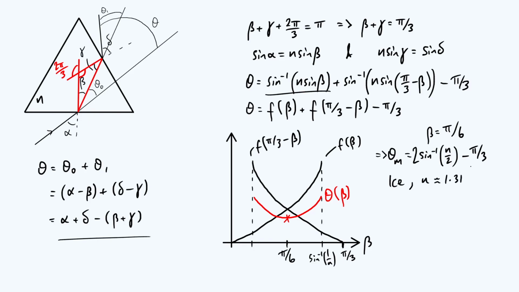So that's for something like green light in the middle of the spectrum. If you plug in 1.31 as a refractive index into this expression for theta minimum, you actually get theta minimum is roughly equal to 21.8 degrees, which is, of course, 22 degrees to two significant figures. And there we go. This is where the 22-degree angle comes from.